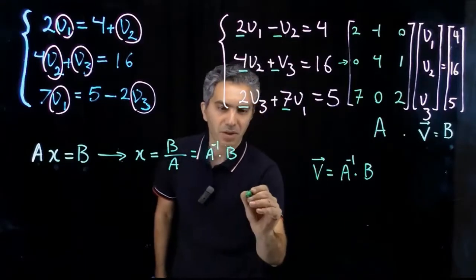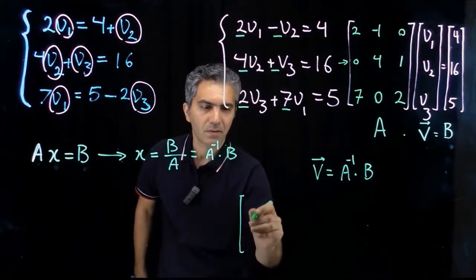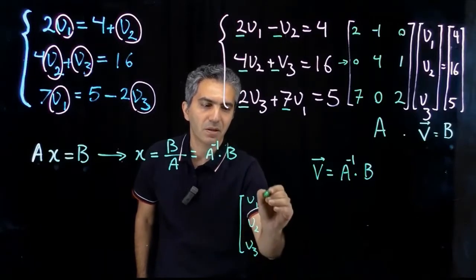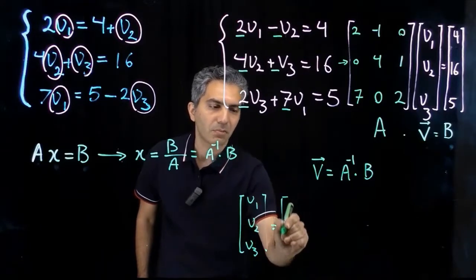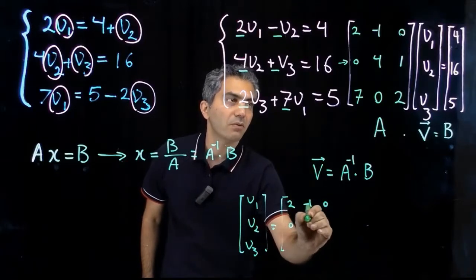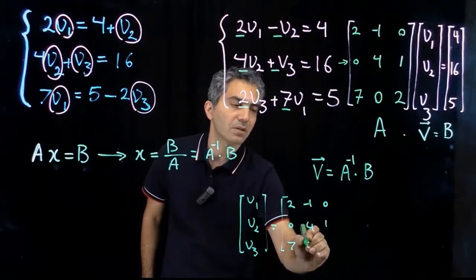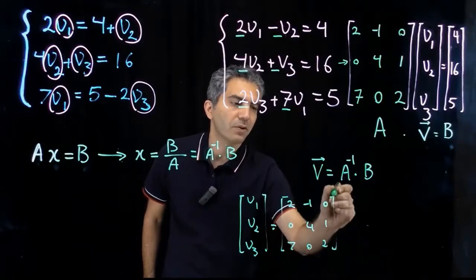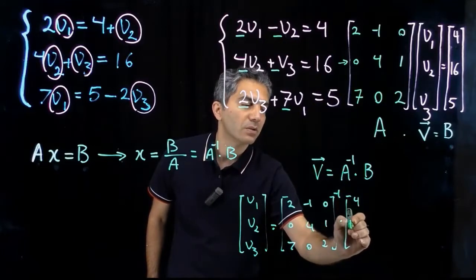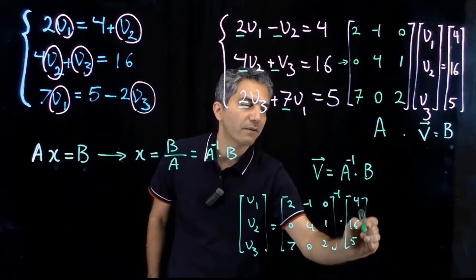So, in other words, I can say v1, v2, and v3 are equal to the matrix 2, minus 1, 0, 0, 4, 1, 7, 0, 2, inversed, multiplied by the vector 4, 16, and 5.